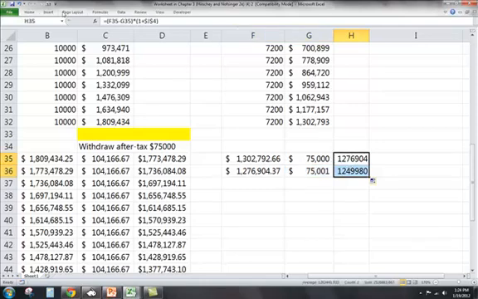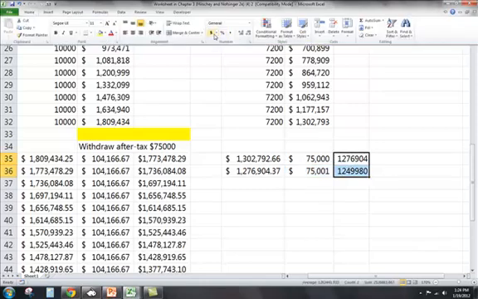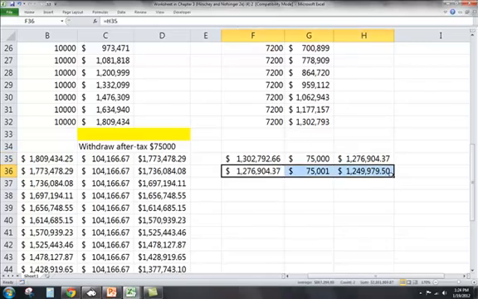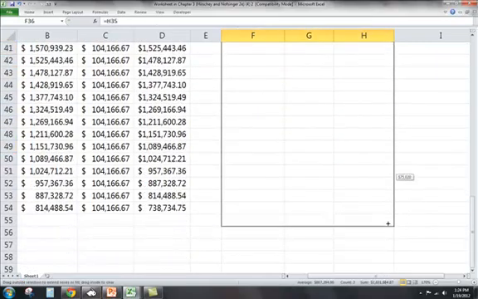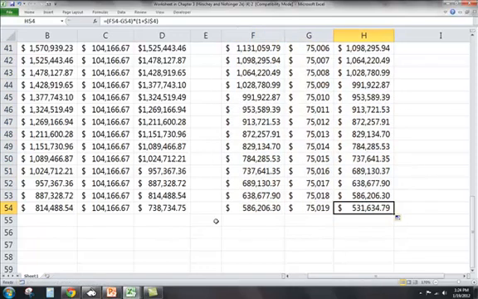Actually, let me format that to a dollar amount first and then copy. So now, after 20 years of retirement, the Roth IRA only has $531,000 remaining compared to the traditional IRA, which has $738,000 remaining.